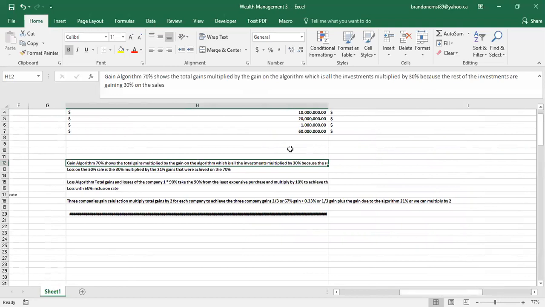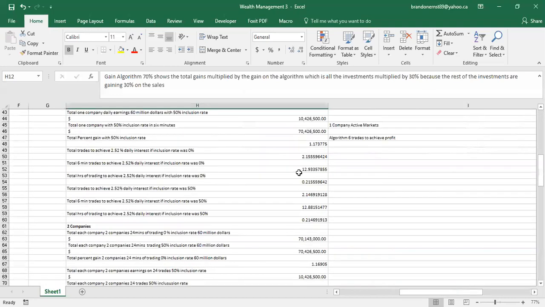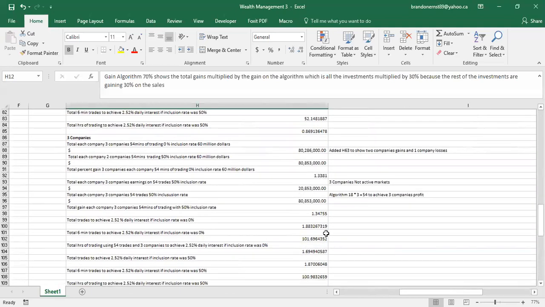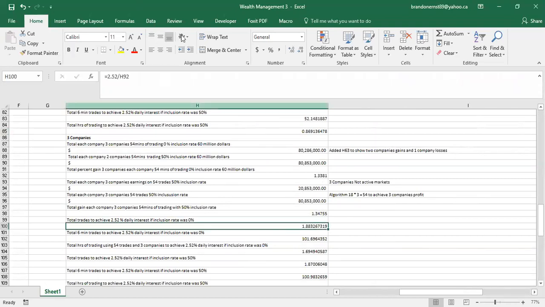When I get into the two and the three companies, you'll notice that I used 2.52% daily interest. So you'll notice there's a little bit more than 18 trades on the three company. For example, to achieve 2.52, there's 54 trades. You could change this to 5% if you wanted to.